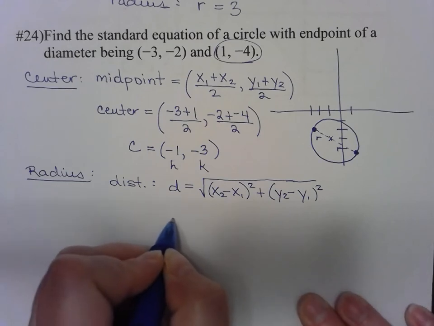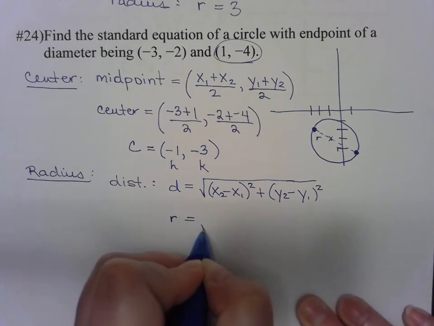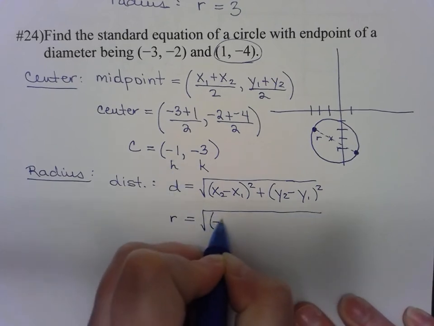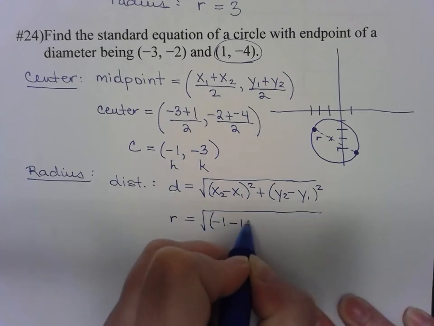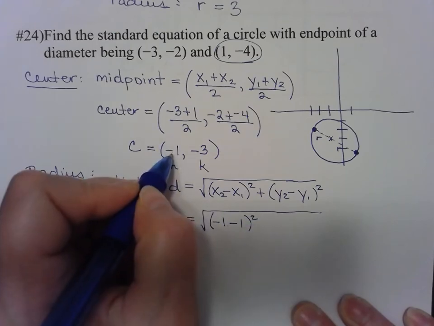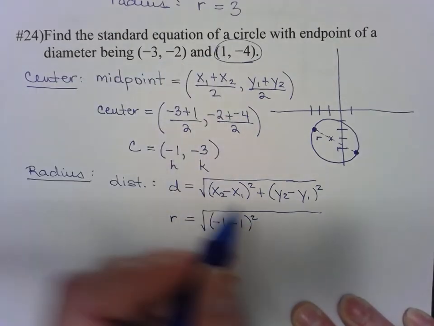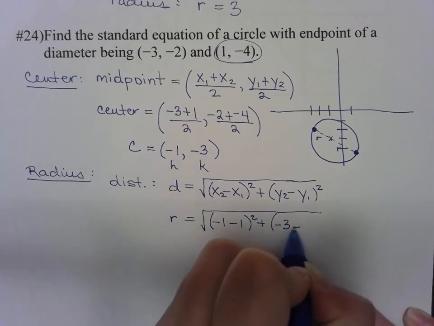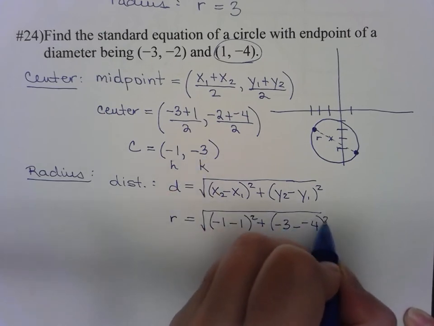So the radius is going to be equal to the square root of -1 minus 1 squared, I'm doing x2 minus x1, plus -3 minus -4 squared.